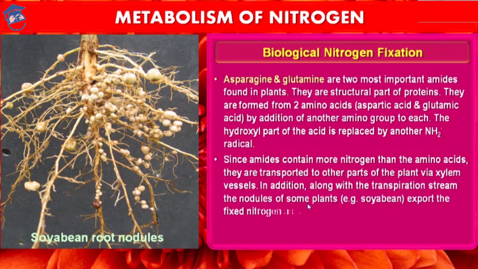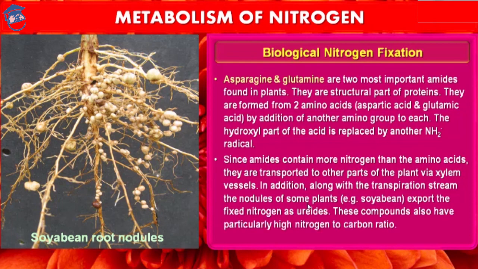They are formed from two amino acids, namely aspartic acid and glutamic acid, respectively, by addition of another amino group to each. The hydroxyl part of the acid is replaced by another NH2 radical, as I have shown you. Since amides contain more nitrogen than amino acids, they are transported to other parts of the plant via xylem vessels. Xylem is a conductive tissue.